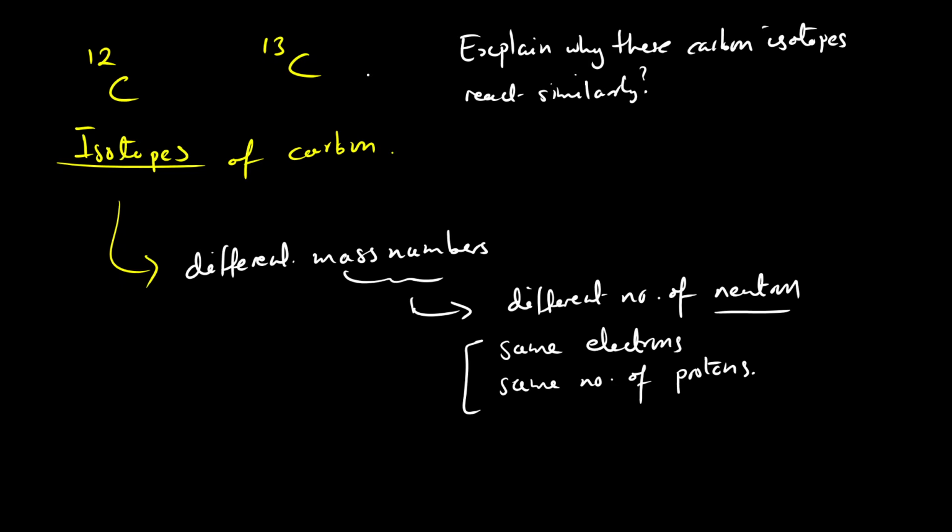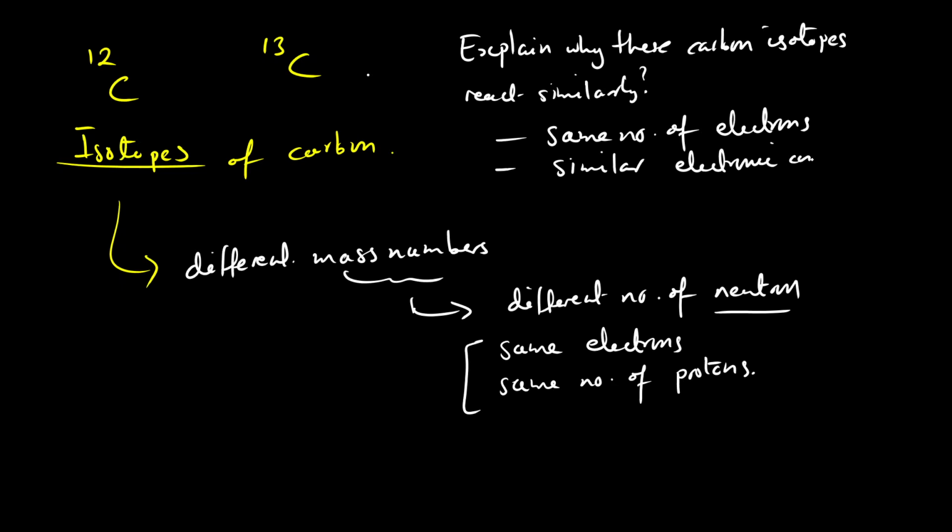Okay, 5, 4, 3, 2, 1. It's due to the fact that they have the same number of electrons. They have a similar electronic configuration. So that's why they react similarly.